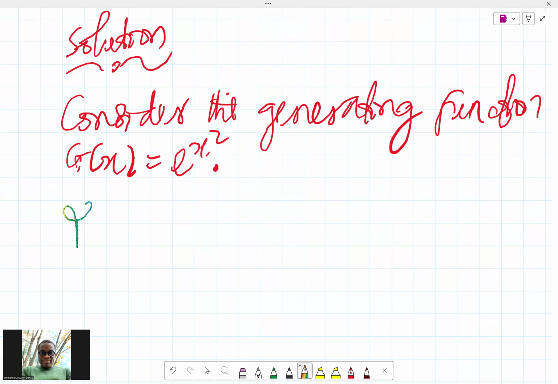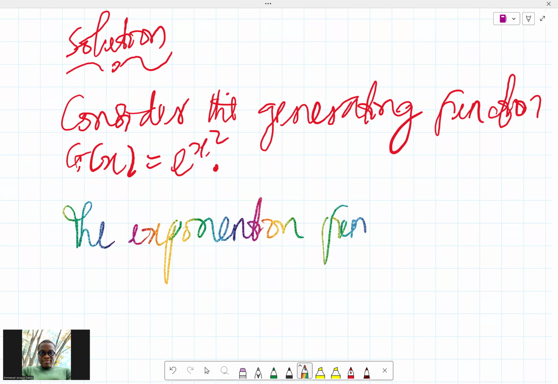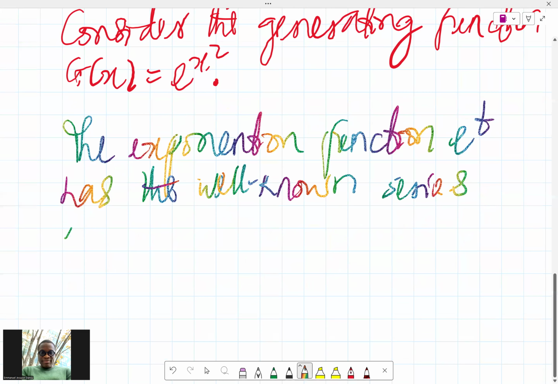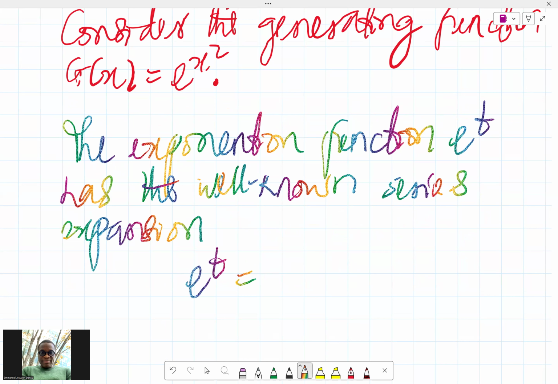We know that the exponential function e raised to t has the well-known series expansion: e raised to t equals summation from n equals 0 to infinity of t raised to n all over n factorial. That's what that looks like generally.